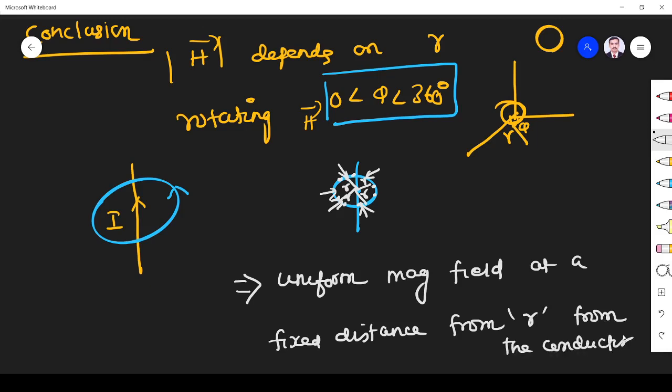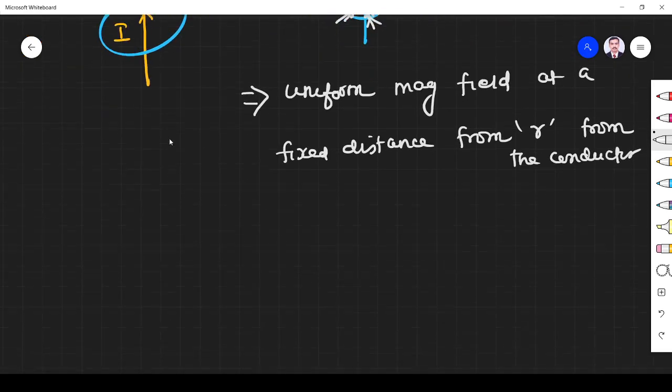So if you draw a circle around your wire, all through the circle the magnetic field will have the same value.